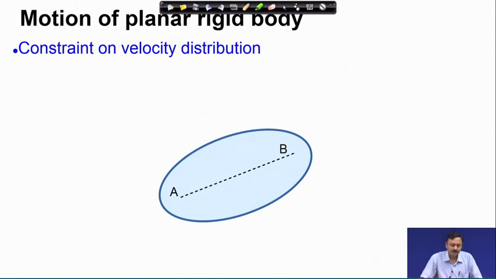We have looked at the constraint on the velocity distribution of a rigid body on a plane.